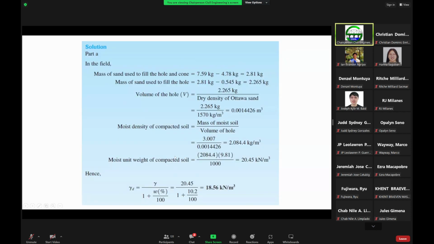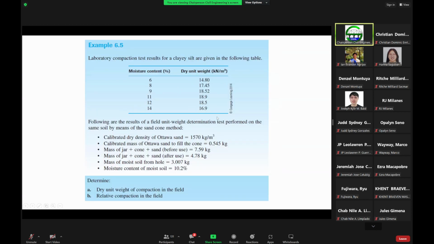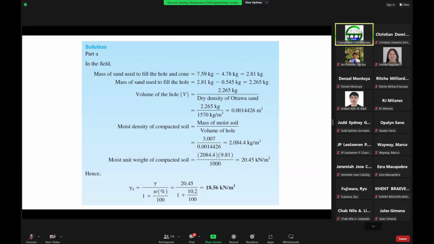Then we can determine the mass of sand used to fill the hole, which is this value minus 0.545, where 0.545 is the calibrated mass of the Ottawa sand to fill the cone. So that gives us this one.